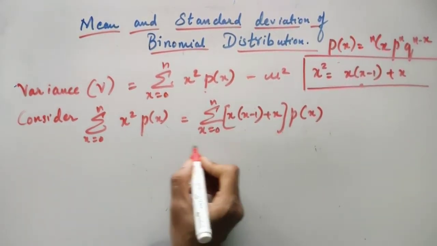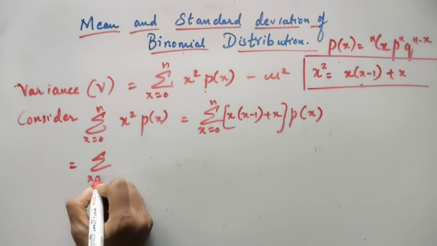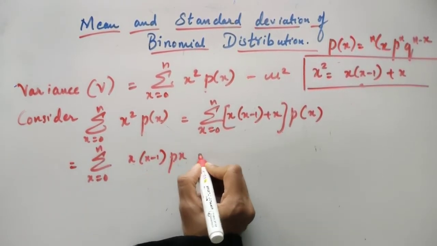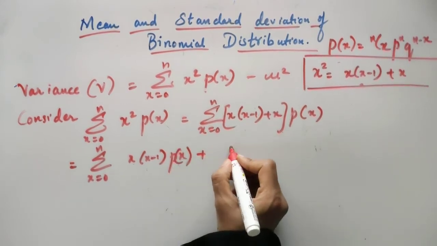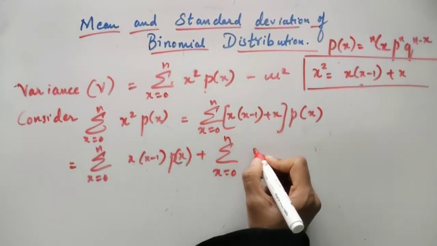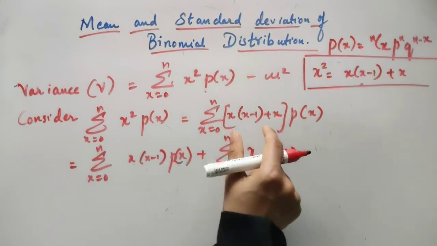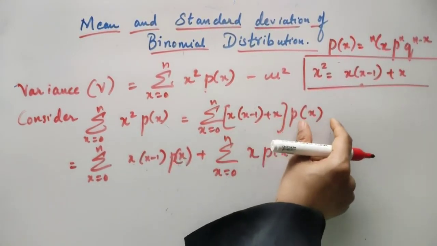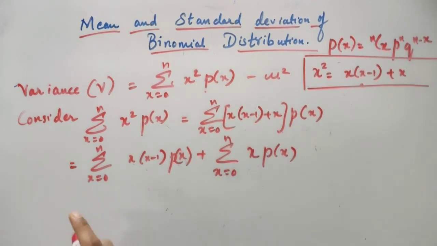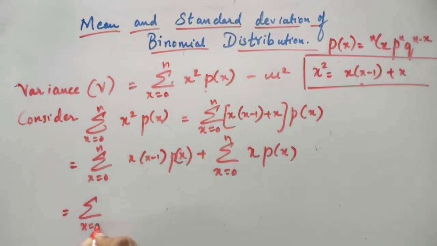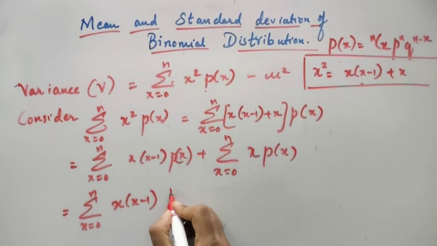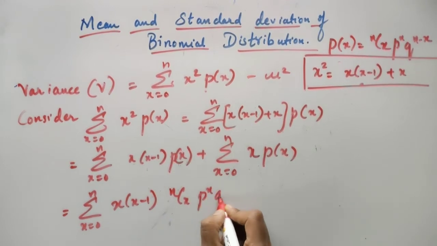Nothing else. So now this is equal to summation x going from 0 to n, x into x minus 1 into p of x, plus summation x going from 0 to n, x into p of x. Now next substitute the p of x over here. Summation x going from 0 to n, x into x minus 1, n factorial, let us write it as nCx p raised to x q raised to n minus x.